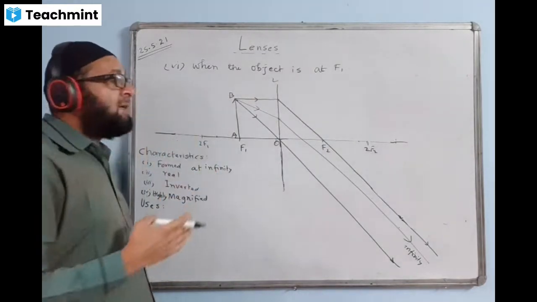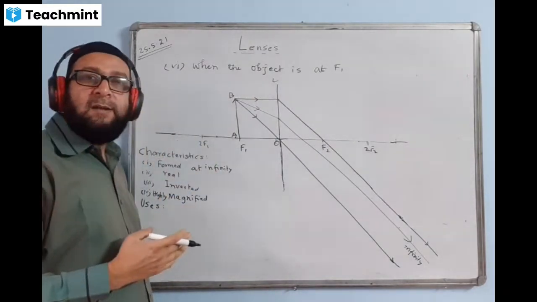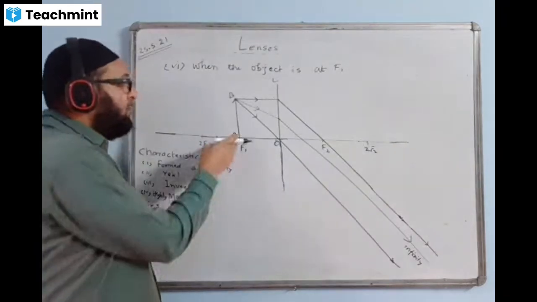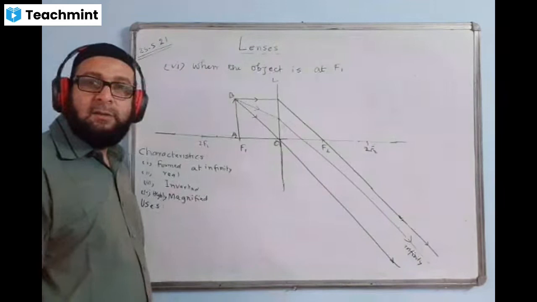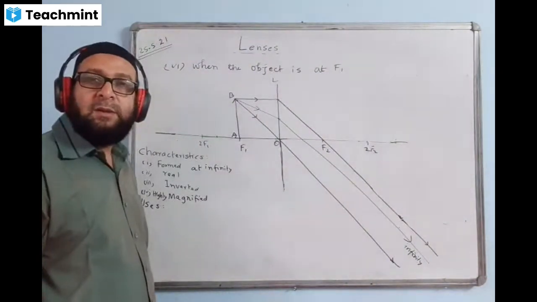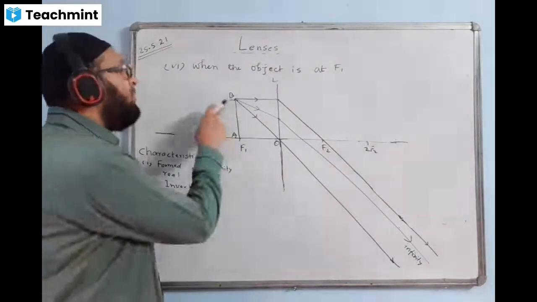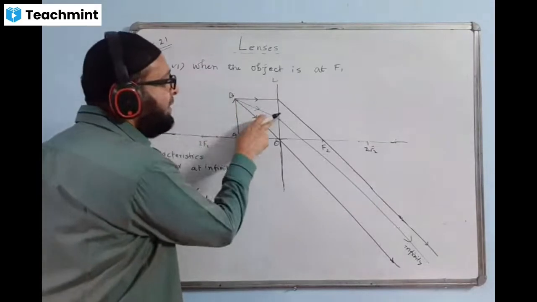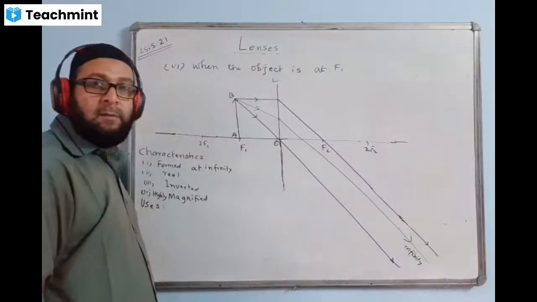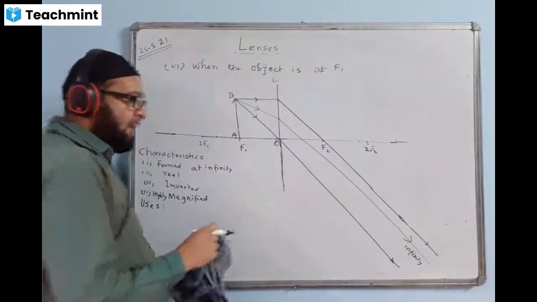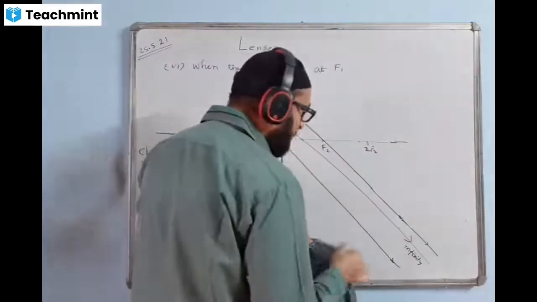The ray passing through F1 will not pass through the lens, so don't use rule number 3 here. Since these two rays are already parallel, these also become parallel. By chance if they ask, then we will do it, otherwise we will not.